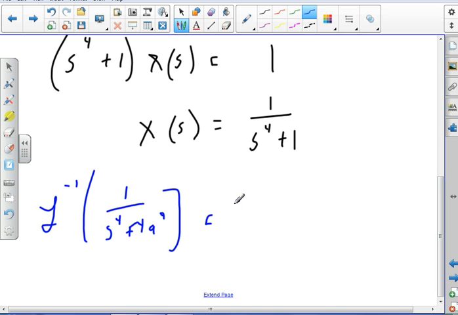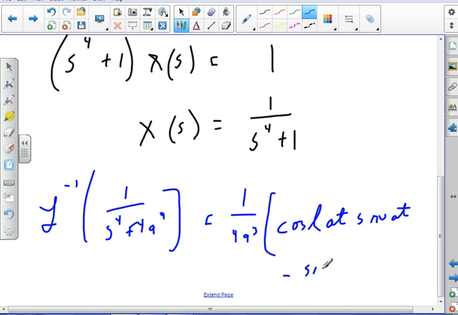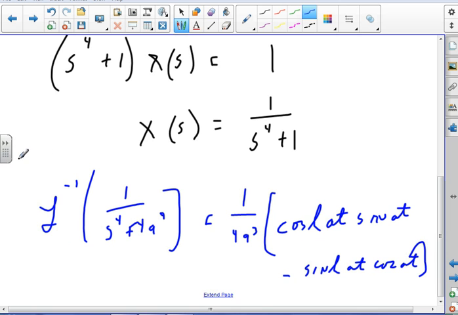And that's going to be 1 over 4a cubed times hyperbolic cosine at sine at minus hyperbolic sine at cosine at. Okay, so that's number 26, page 296.